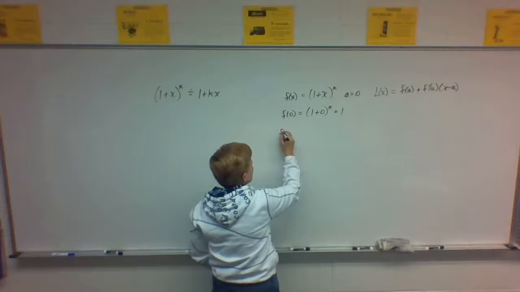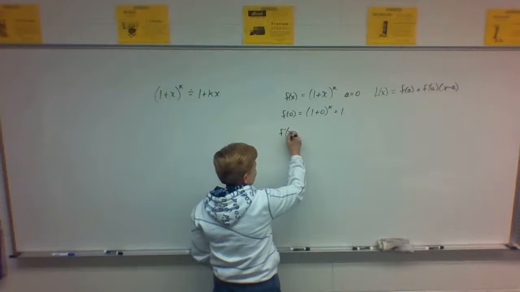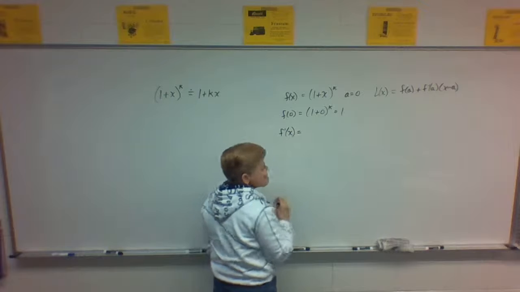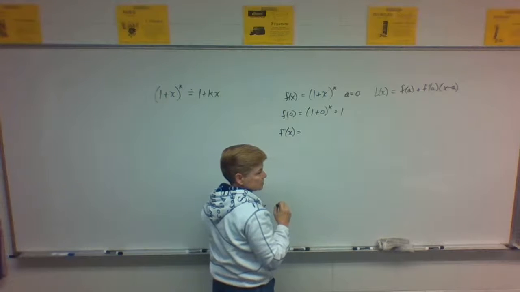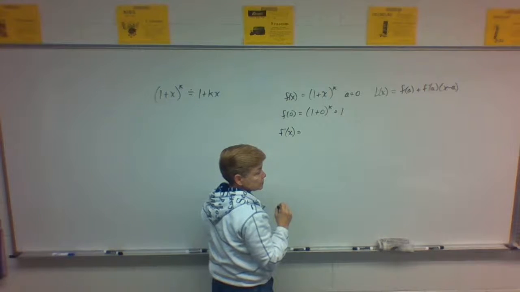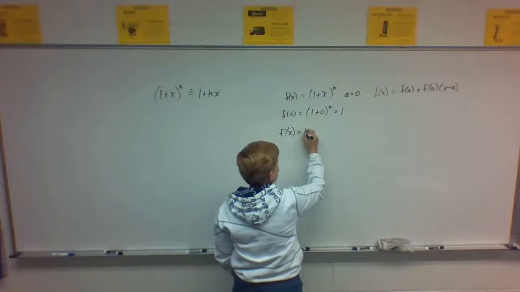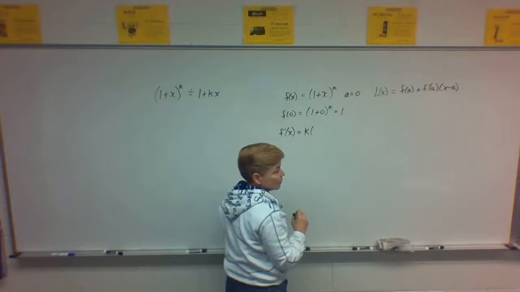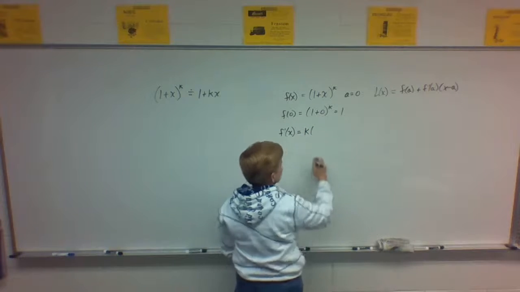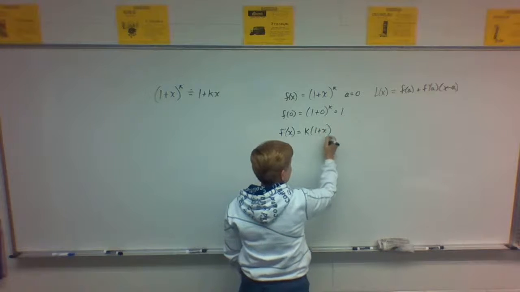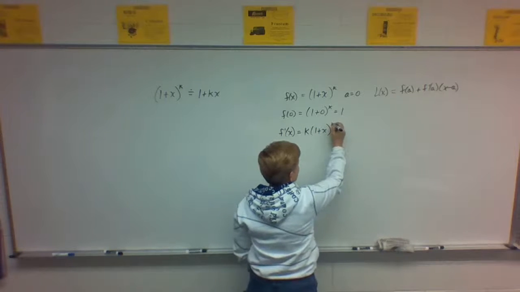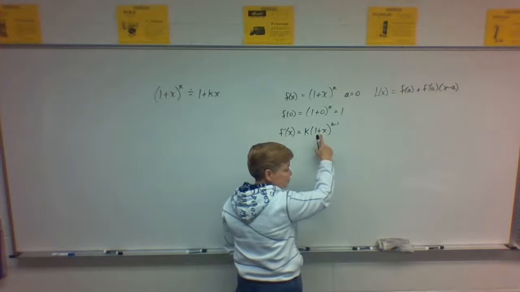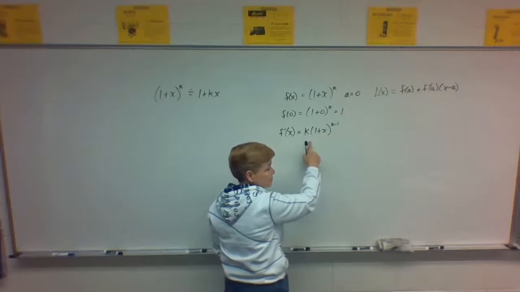What is f prime of x? It's k times (1 plus x) to the k minus 1, times the derivative of the inside, which is 1. Yep, this is the derivative.